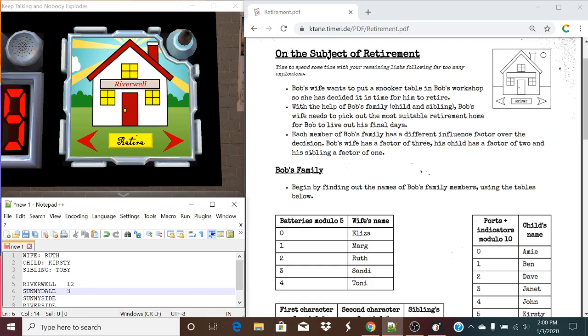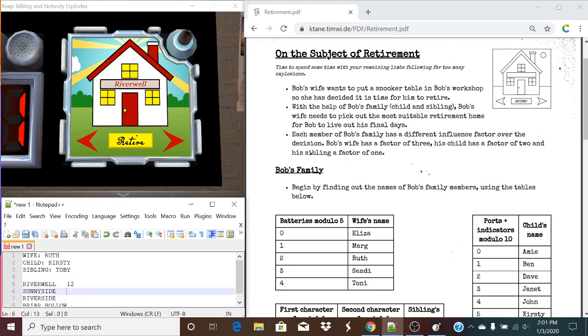There is a Sierra, actually, excuse me, so that's a plus 2, so that becomes 5. No Tangos, and there is a Yankee, so we'll add another one, so that becomes 7. Next up, Toby. No Tangos, no Oscars, no Bravos, 1 Yankee, so that's another additional 1. You can already rule out that Sunnyvale is not going to be our place, because Riverwell is already ahead, so we can get rid of that.